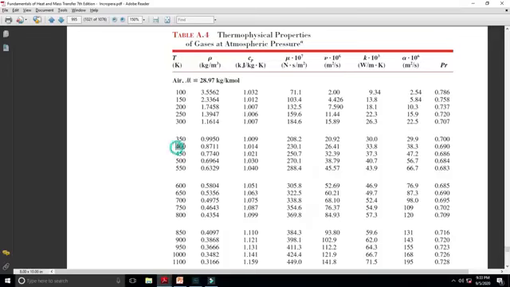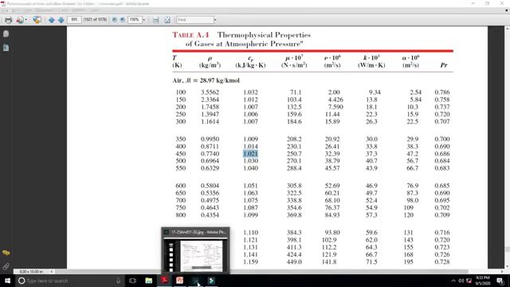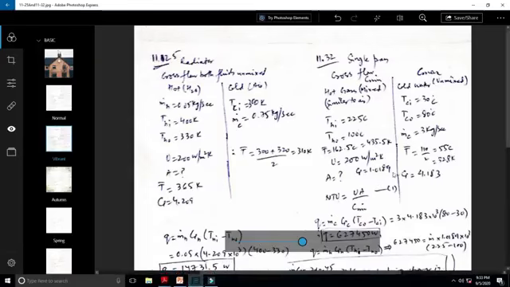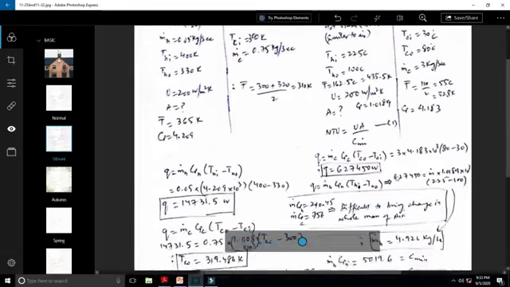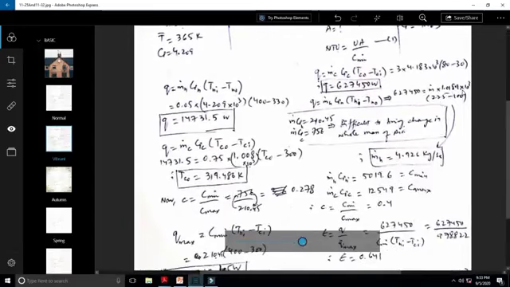So we are given properties at 400 and 450. At 400, the Cp is 1.014, and at 450, it is 1.021. So we need to interpolate for the 35.5 difference. So we will eventually get Cp as 1.0189 kilojoules per kg per Kelvin, which will be put over here.